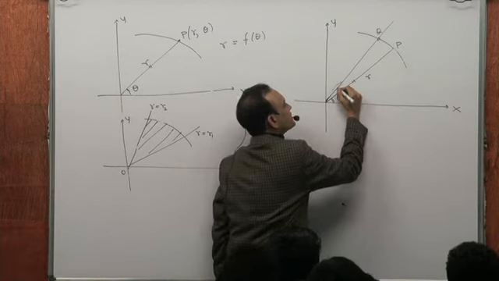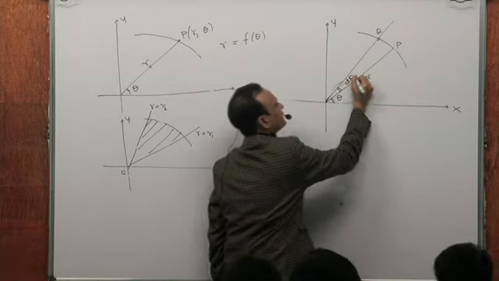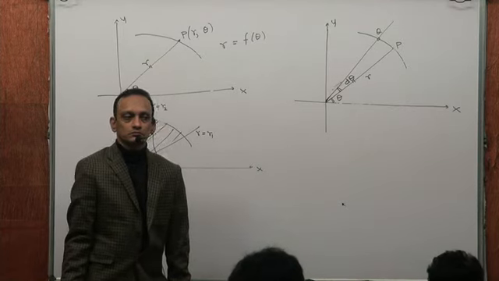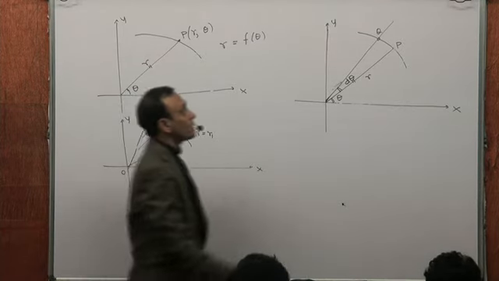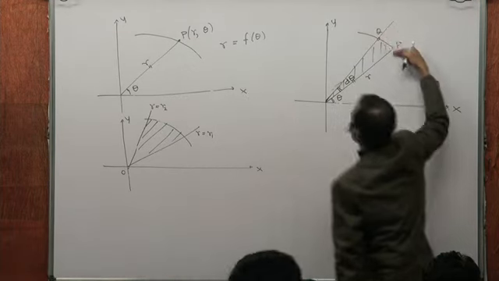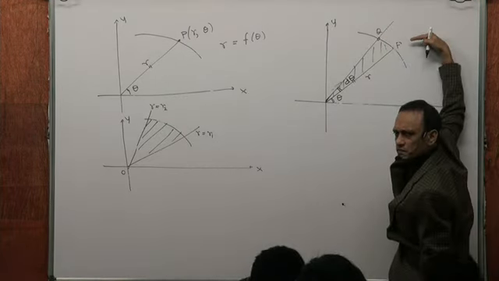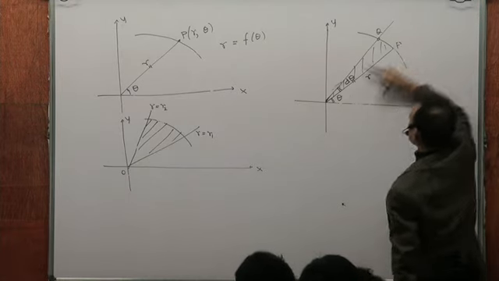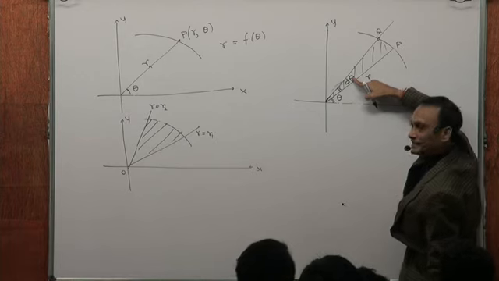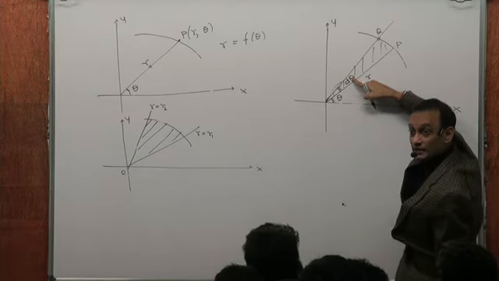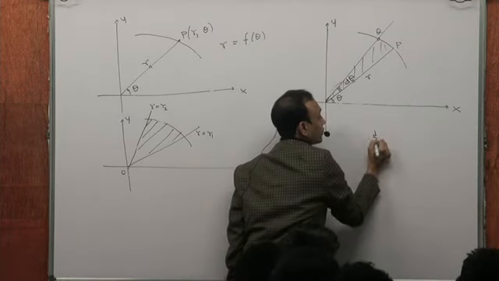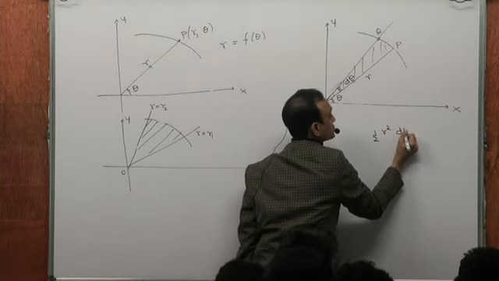If this is theta, let me say this angle is very small, call it d theta, right? Now look at this sector. Almost like a circle because P and Q are very close to each other. What's the area of this sector? Half r squared d theta, isn't it? Half r squared d theta is the area of the shaded region.